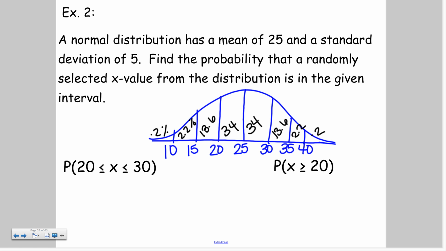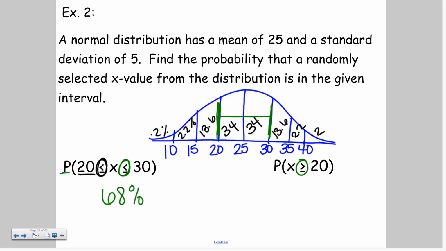All right, so the probability of x being greater than or equal to 20 and less than or equal to 30. If I add those two percentages, since it's probability, it's going to be 68%. That's within one standard deviation. Okay? If I look at the next one, x is greater than or equal to 20.